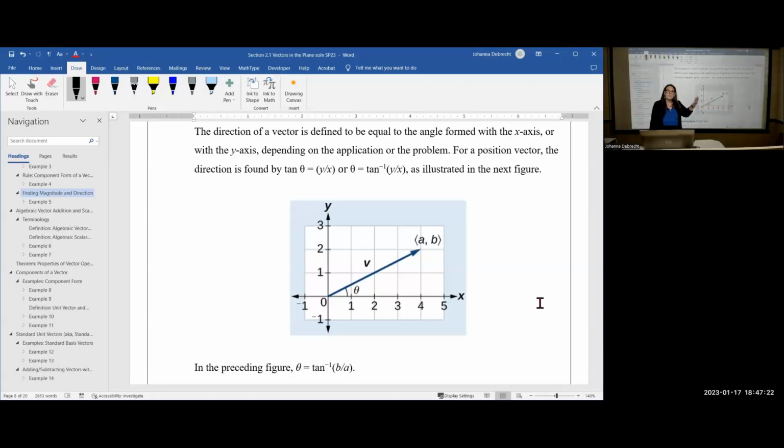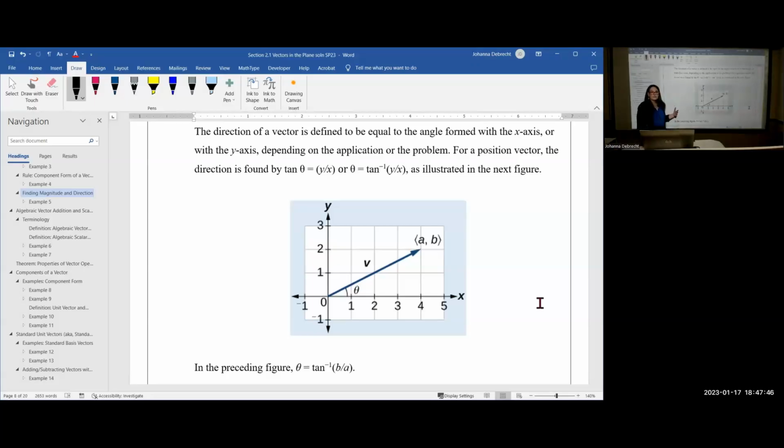However, a problem may say that the angle is between the positive y-axis and the vector. So you have to be careful and make sure that you're measuring theta from the right place. But if it doesn't say, then we typically measure from the positive x-axis. And again, we rotate counterclockwise, the typical trig fashion.